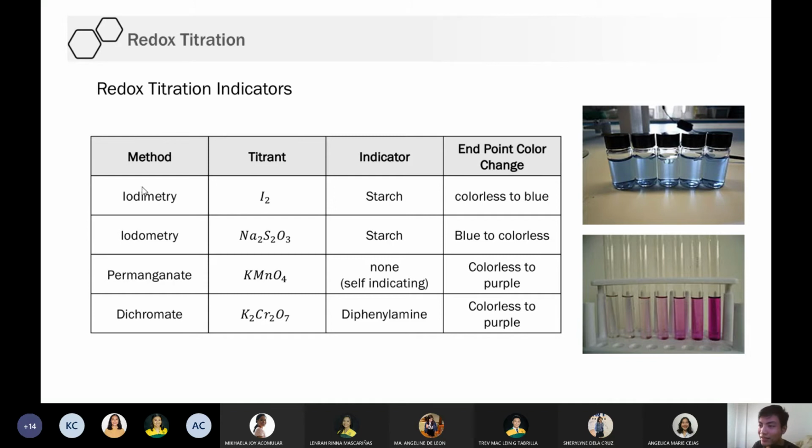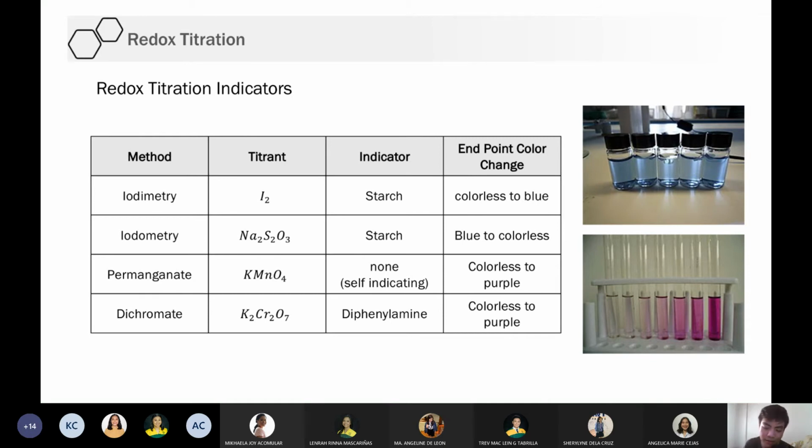Ayan. So anyway, these are some of the types of titration. So we have the iodimetry, iodometry, permanganate, dichromate. And for each titration, there is a corresponding titrant na. You may ask now, what is iodimetry and what is iodometry? Ano yung difference nila? Bukod sa isang letter lang.